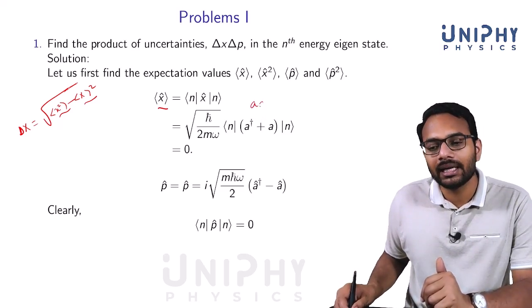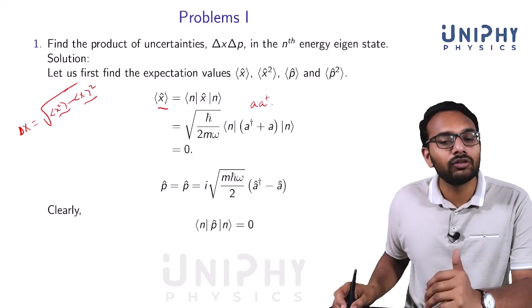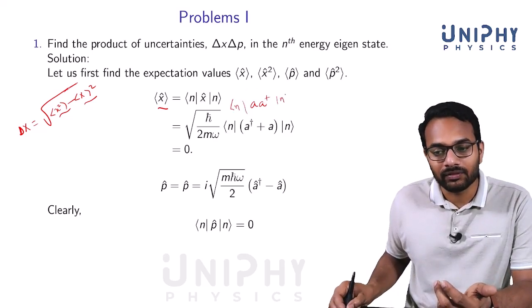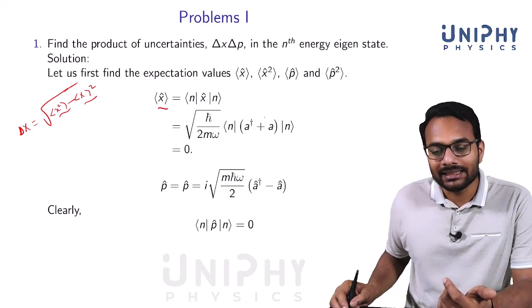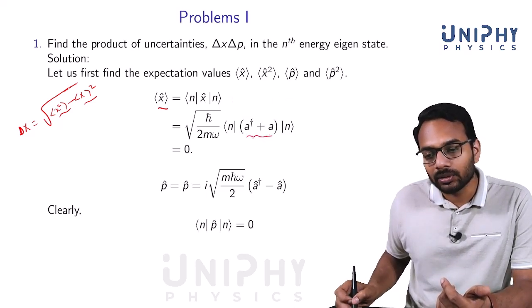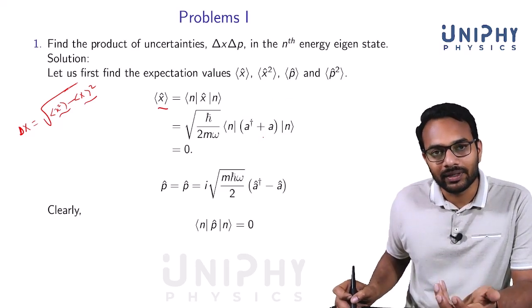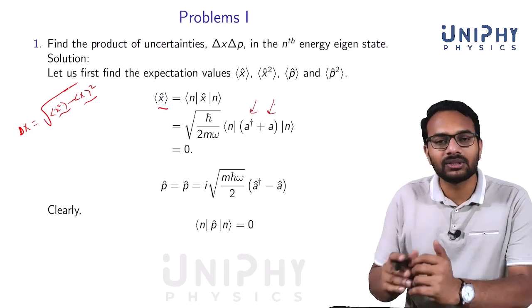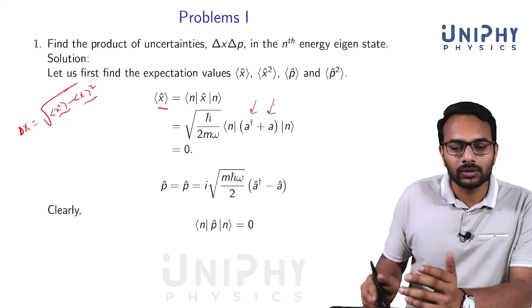For example, if you had a term like a dagger a, there can be a non-zero contribution. In this case both terms are unbalanced. In this term there is only one a dagger and no a. In this term there is one a and no a dagger. So this is 0.